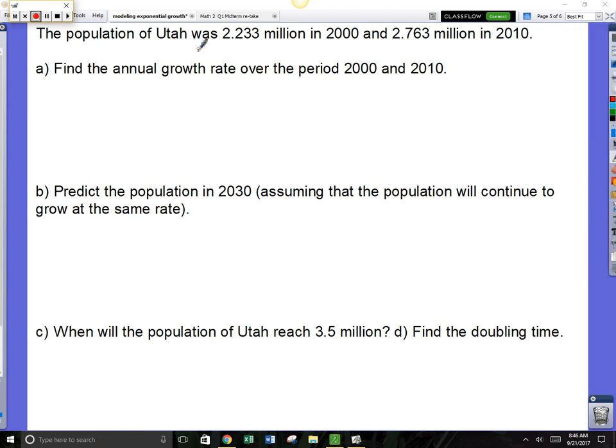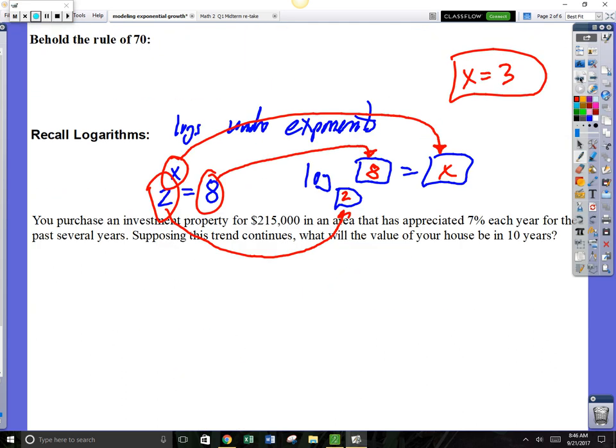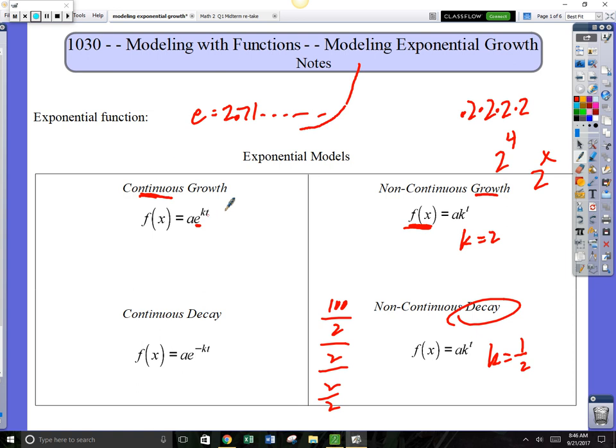the population of Utah, and this is what we did not get to in class. So this will be good for everybody. The population of Utah was 2.233 million in 2000, and then 2.763 million in 2010. Now this is going to follow an exponential model, but population change is more of a continuous idea.